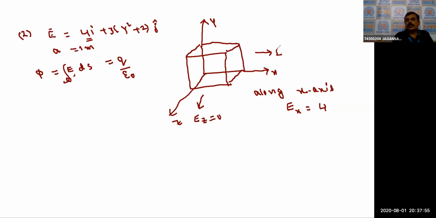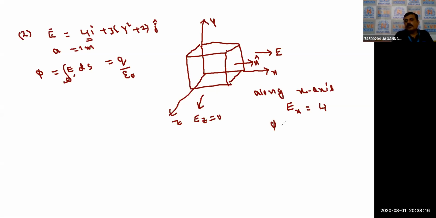So the field along the x-axis means this area is useless. Why? Because it is on the plane, charge is placed here only. The normal line for this surface is n cap. So what is the electric flux due to this one?